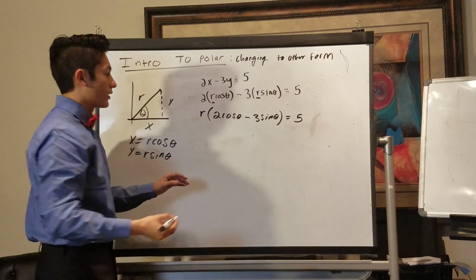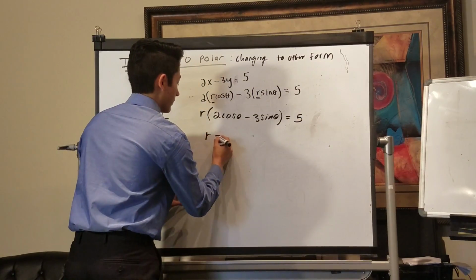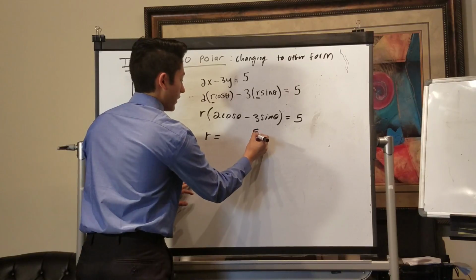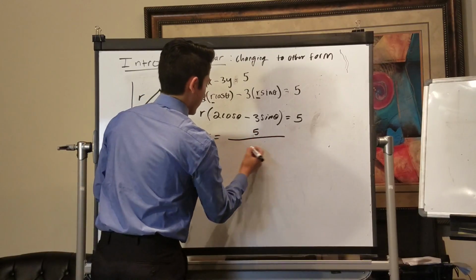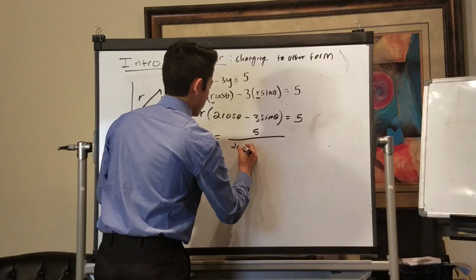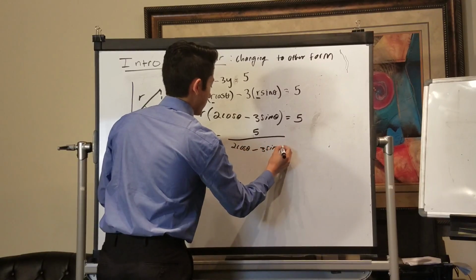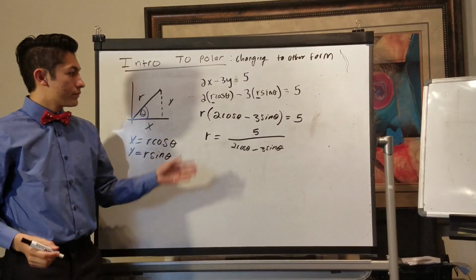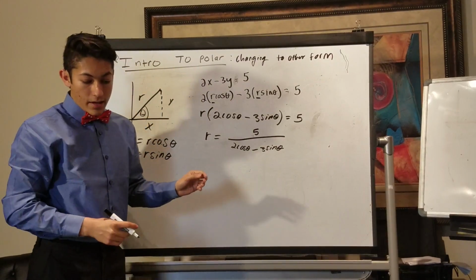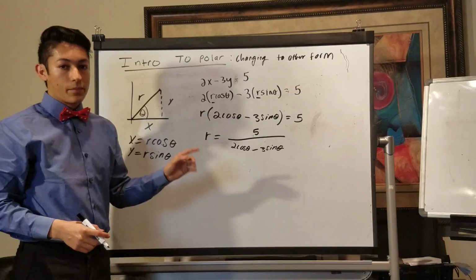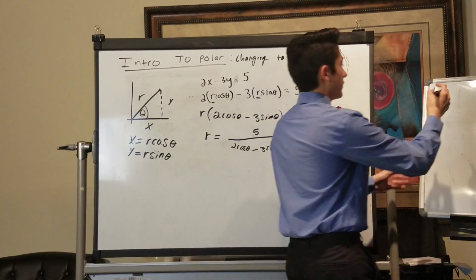Now using our algebra, we can solve for r, which is going to equal 5 divided by 2 cosine theta minus 3 sine theta. So there's one way. Now we'll be looking at another example, a little bit more complex.